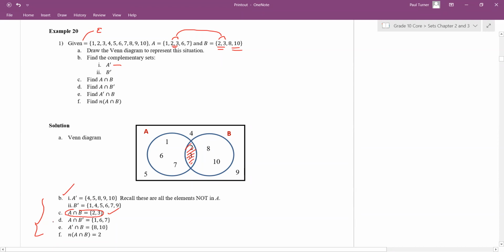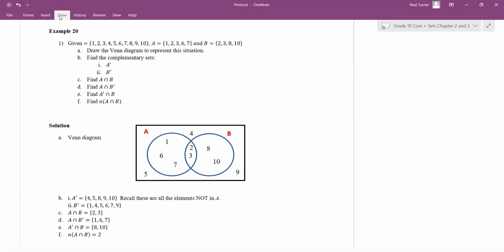Okay, now D and E. Oh, we could do F, the cardinal number, the number of elements in the intersection: 2. That's that number there, 2. So we can do F. But for D and E, we probably need to think about the Venn diagram a bit. And the Venn diagram is a really big thing for this topic.